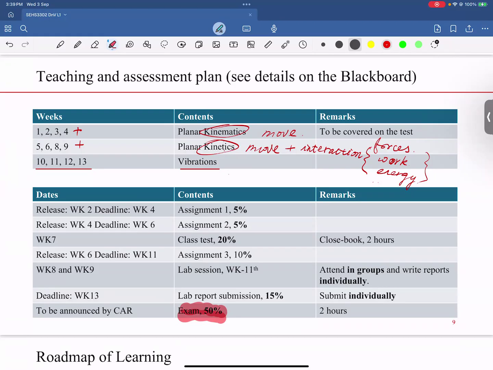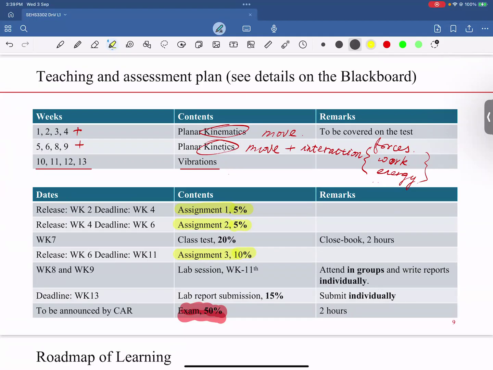And there are 3 assignments. Assignment 1, 2, and 3. You can see assignment 1 is 5%, 2 also 5%, because they both belong to the dynamics part. And for the vibration part, we have 1 more assignment with 10%. Okay, so for the assignments, totally, there are 20%.